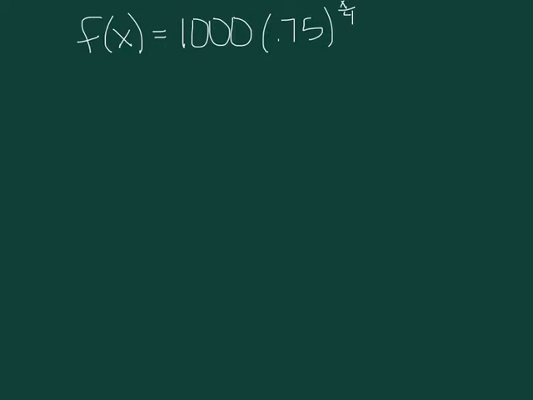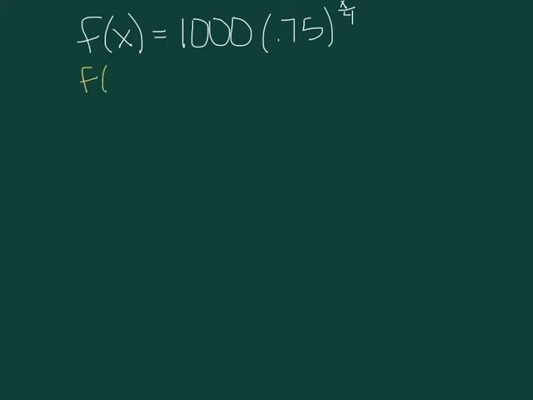Because the x value or the exponent typically refers to time in years. This time we're doing time in hours, and since we're talking about every 4 hours, the x value is just 1/4 of that information. So let's go ahead and work through a couple of these.